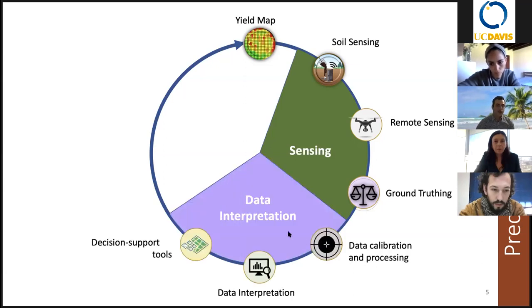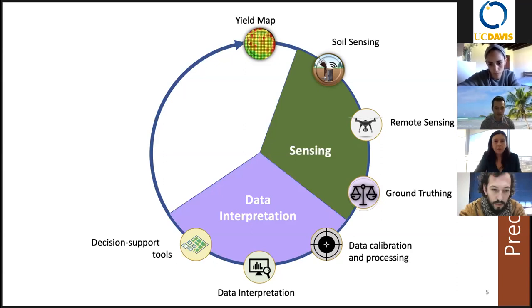The most important part of this cycle that is missing right now and prevents the industry from using effectively the precision agriculture and digital agriculture tools is the data interpretation models. Collecting a lot of data is good, but it's important that we interpret and translate this data in an accurate way.